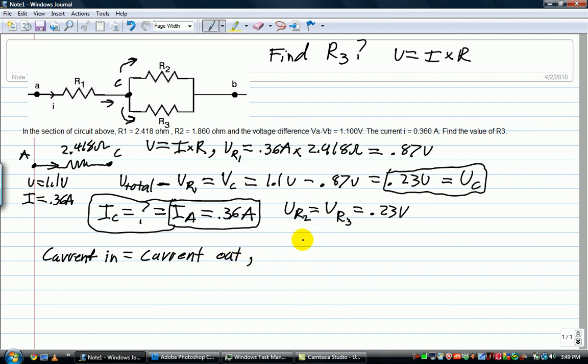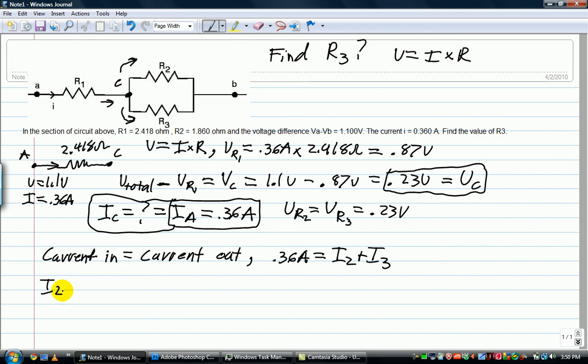Now we have 0.36 amps going in, and we know the value of R2, so let's calculate I sub 2.